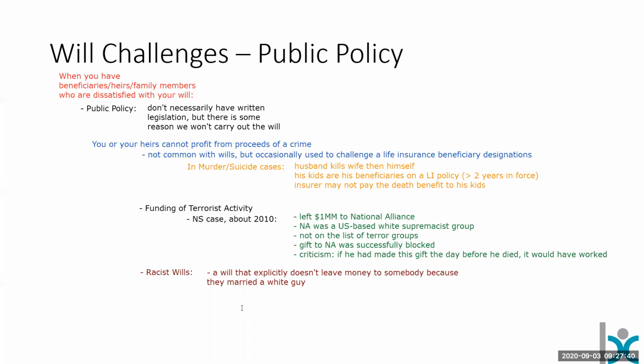So I can't use my will to impose a restriction like this on somebody's life. Okay. So that's been the most common example, is these racist wills. All right.